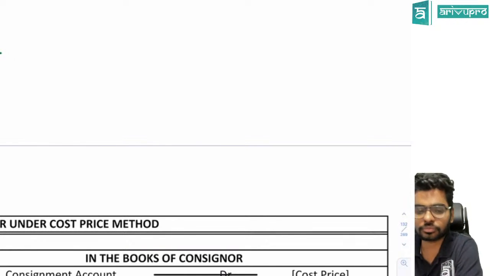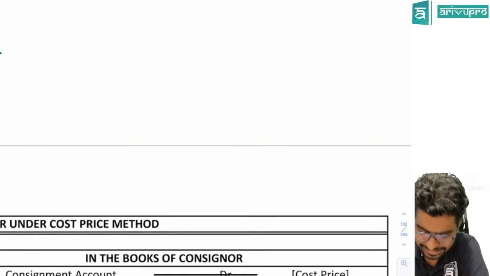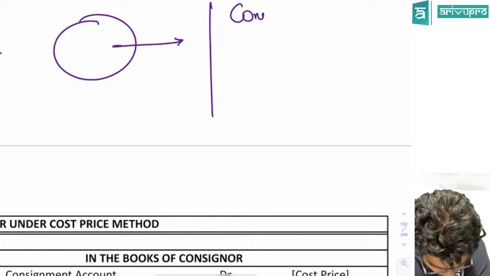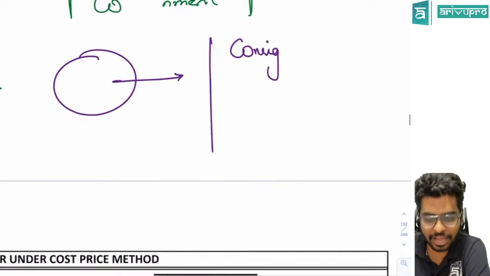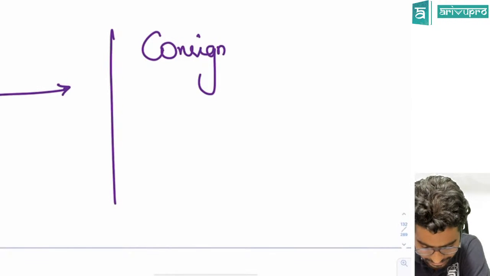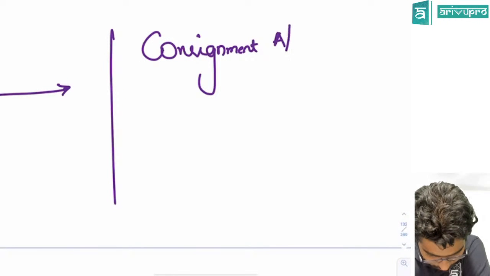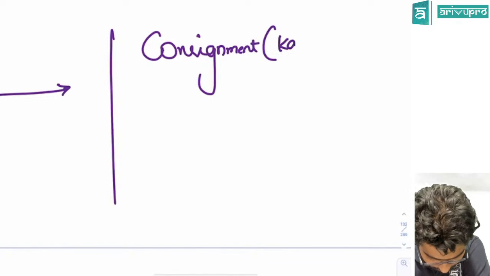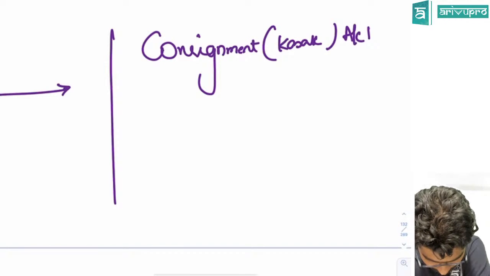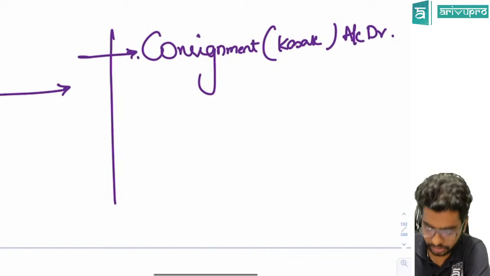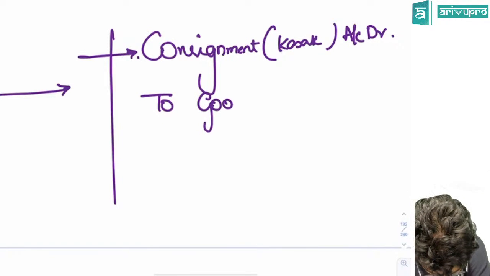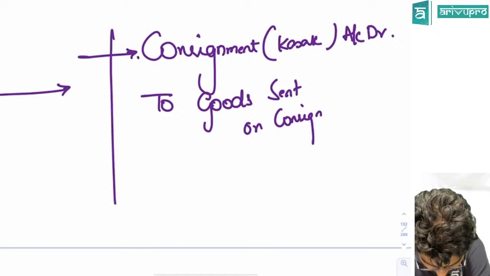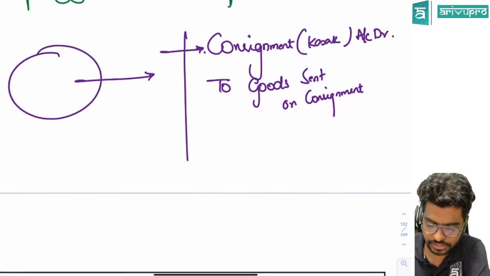What you need to understand here is, as a company I would be doing too many consignments, so to track it I'll write consignment account in brackets with the consignee's name, debit, because they are the ones receiving the goods, to goods sent on consignment.